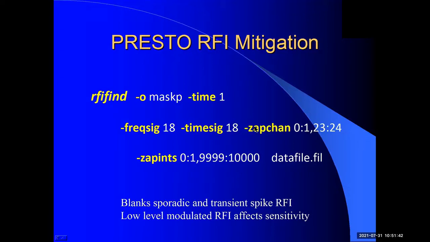There are lots of commands for this, but two other useful command line ones are zapchan, which enables you to blank certain frequency channels, and zapints, which allows you to blank some blocks in time. So if you get any serious interference over a short period, RFI find allows you to find those, and you can blank those out.